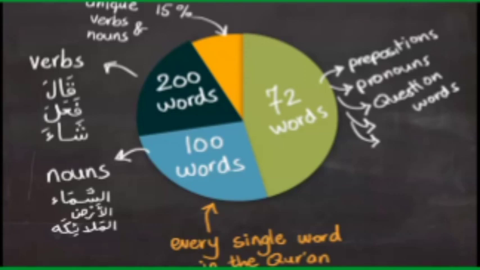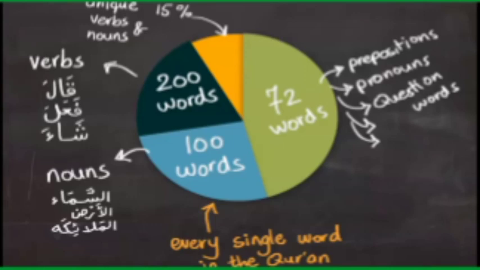The others are the blue part and the black part. The blue part is comprised of 100 words. All of them are nouns, and nouns, as you know, don't change much. So as-sama'u will always be either as-sama'u or as-sama'a or as-sama'i, but there are no major changes in the nouns.